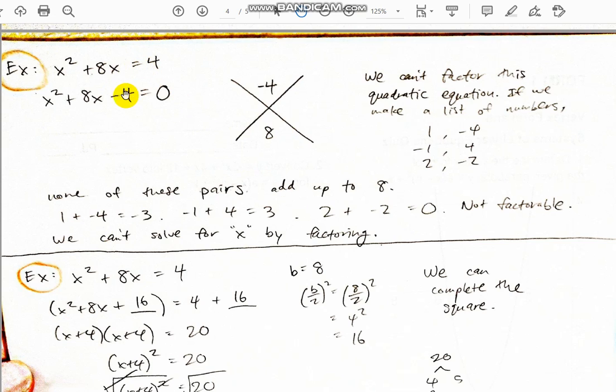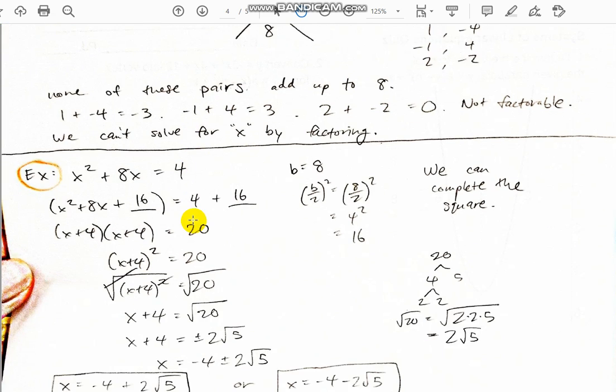So for example, if we subtracted 4 on both sides, what we're going to realize is this equation is not factorable, because if we make our list of numbers, 1 and negative 4, negative 1, 4, 2 and negative 2, 1 plus negative 4 is negative 3, negative 1 plus 4 is 3, 2 plus negative 2 is 0. None of these numbers add up to 8, so this equation is not factorable. So we cannot solve for x by factoring.